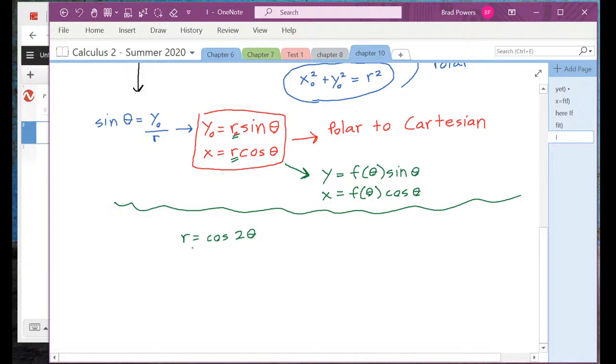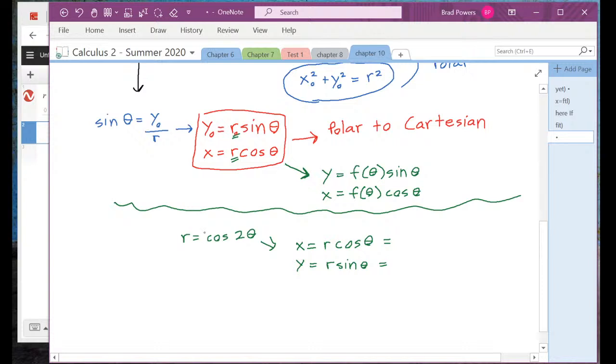So very, very useful. So here, if I have r equals cosine 2 theta, well, what does that mean? That means x is r cosine theta, and y is r sine theta. Again, almost parametric, but not quite.